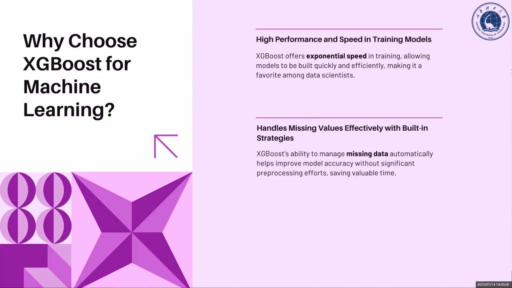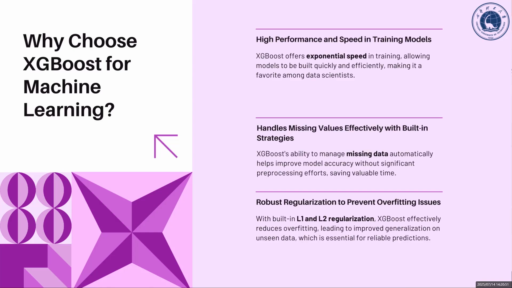Also, XGBoost is said to handle missing values very well with its built-in strategies. It has the capacity to manage missing data automatically, which helps to improve the model accuracy without significant preprocessing effort, thus saving valuable time.